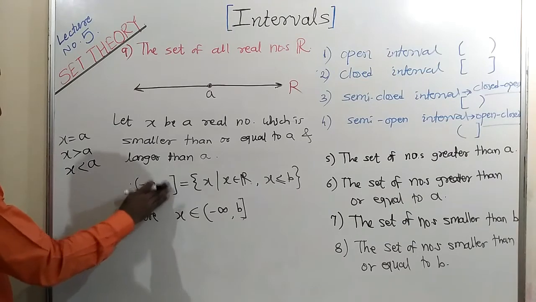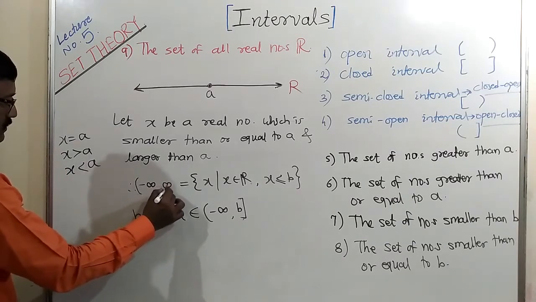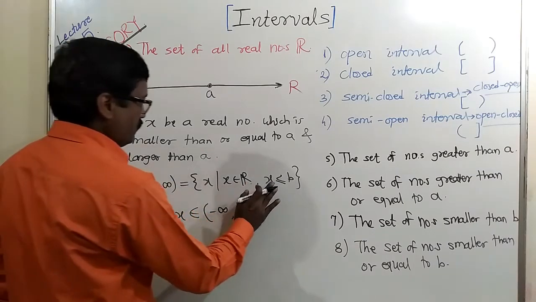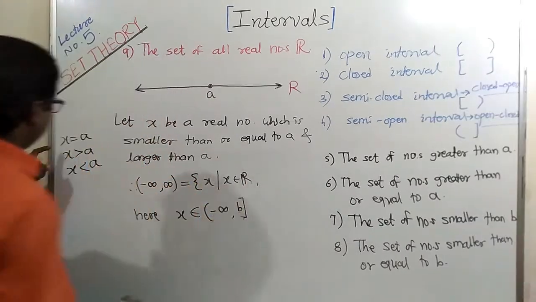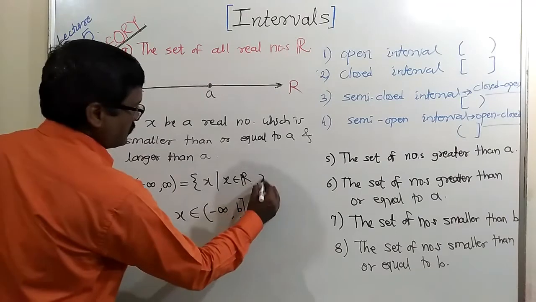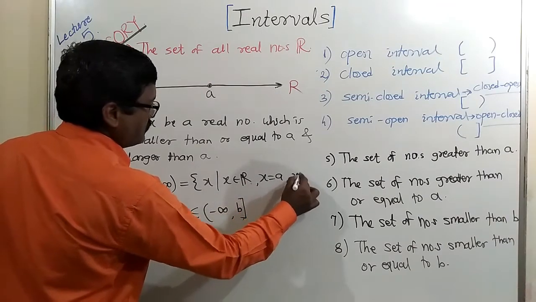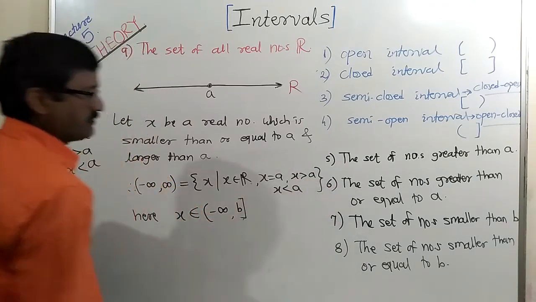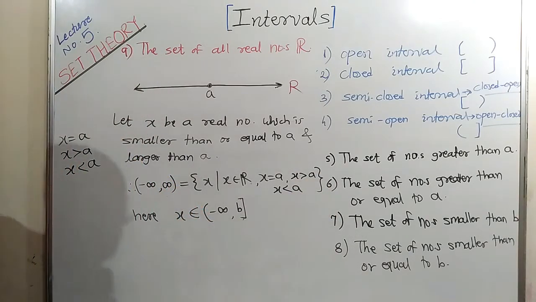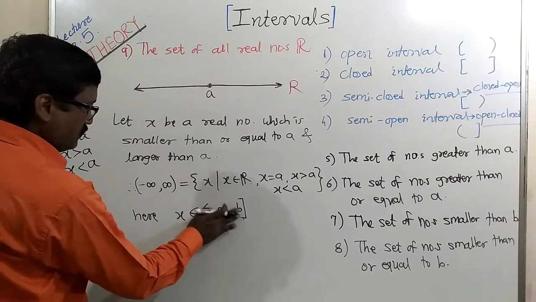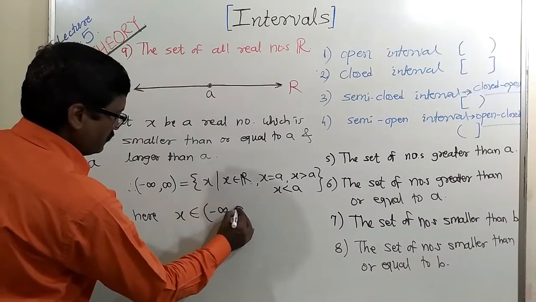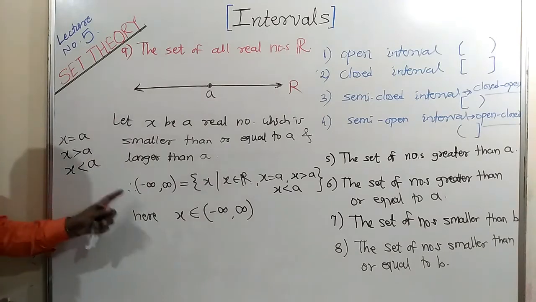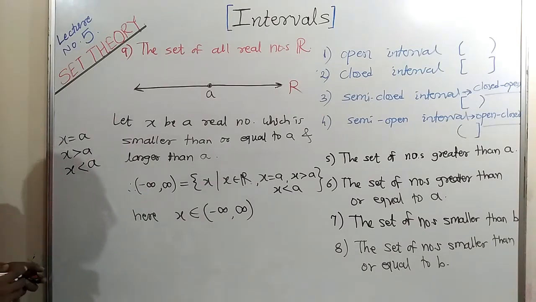So it is minus infinity to open plus infinity, x such that x belongs to R, and we can write here that x is equal to A, x is greater than A, x is less than A. All three conditions. So x belongs to minus infinity to plus infinity open. That is the same meaning.